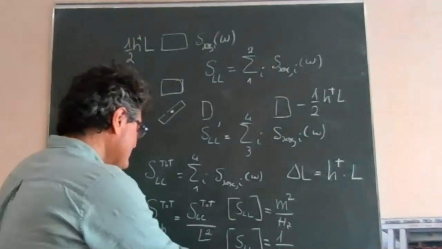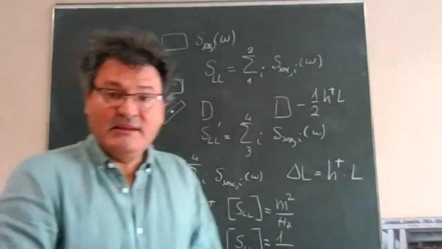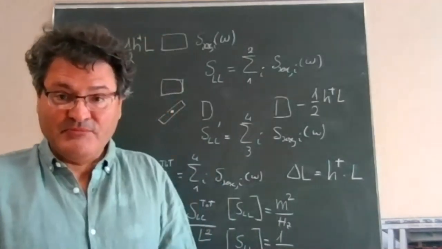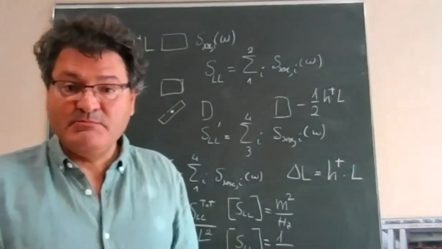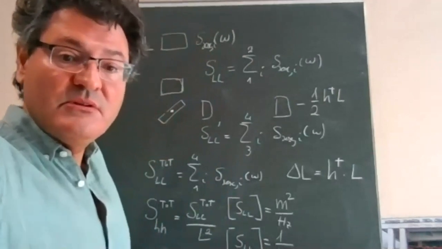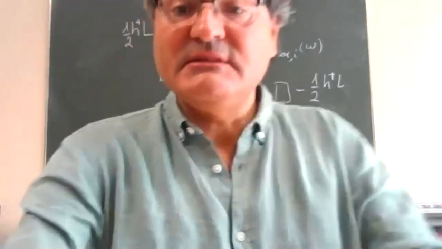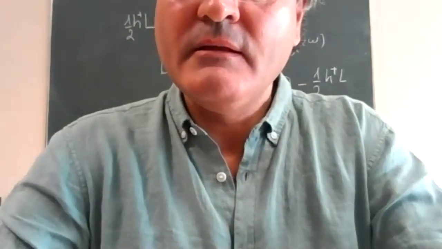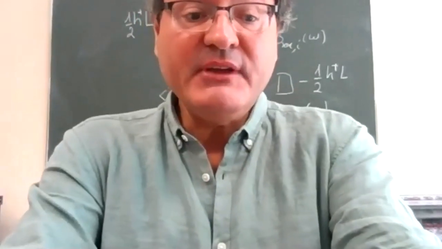So now let's see what a typical spectrum of noise of a gravitational wave detector looks like. I'm going to share the screen again.